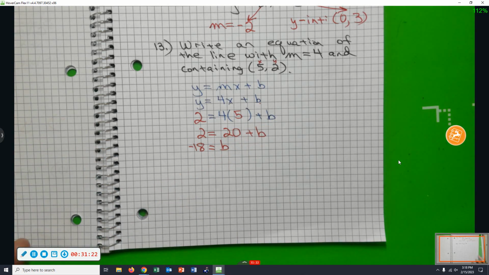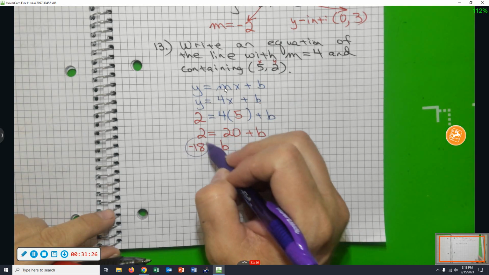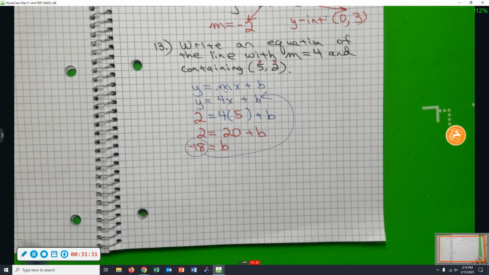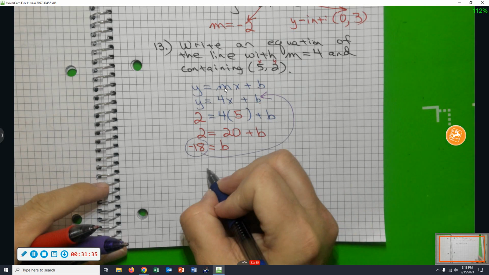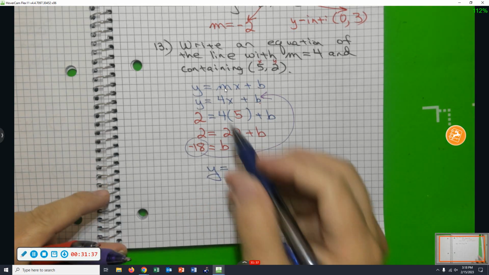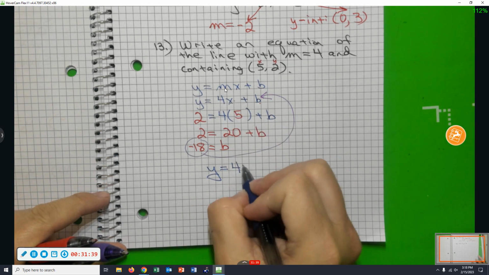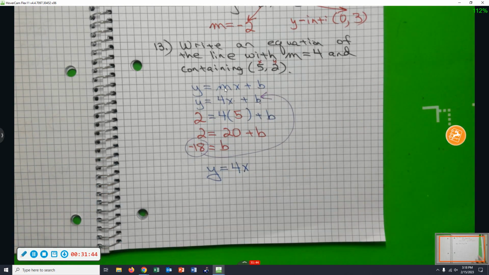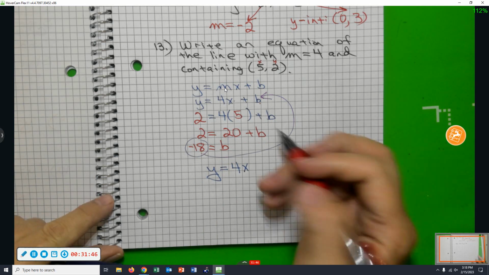So I think we've got the equation. You take that negative 18, that's what's going to be in place of that plus b. So our equation is y equals 4x, and in place of that plus b we have minus 18.